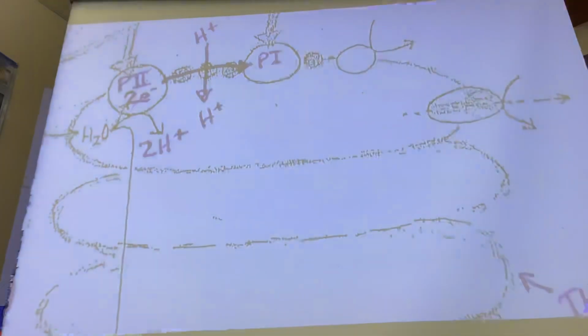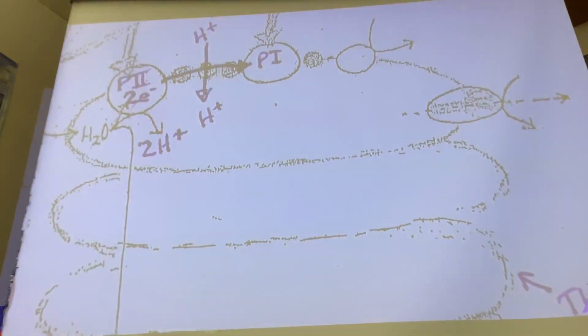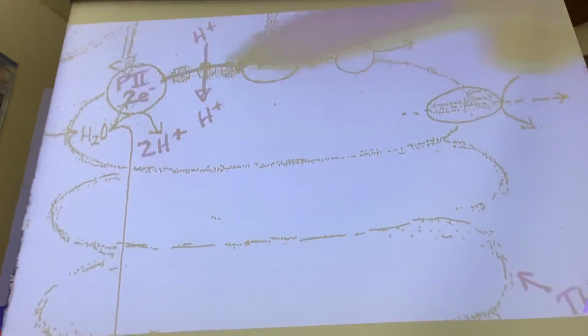So it's going to move protons from outside in the stroma to the inside of the thylakoid. So each time an electron runs through here, we're going to get a proton being pulled in.